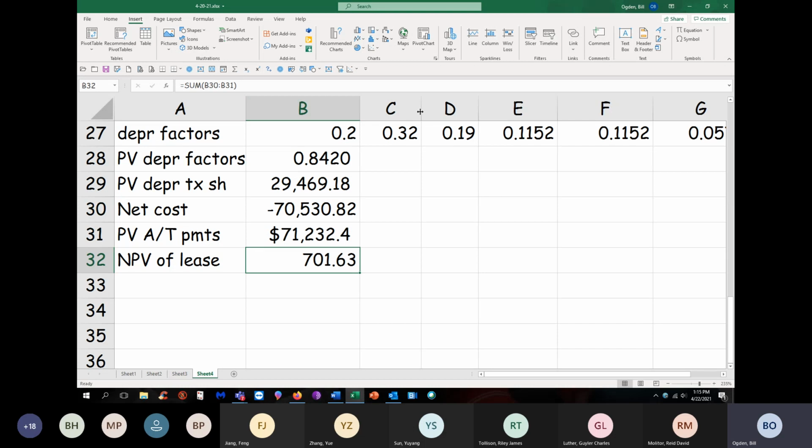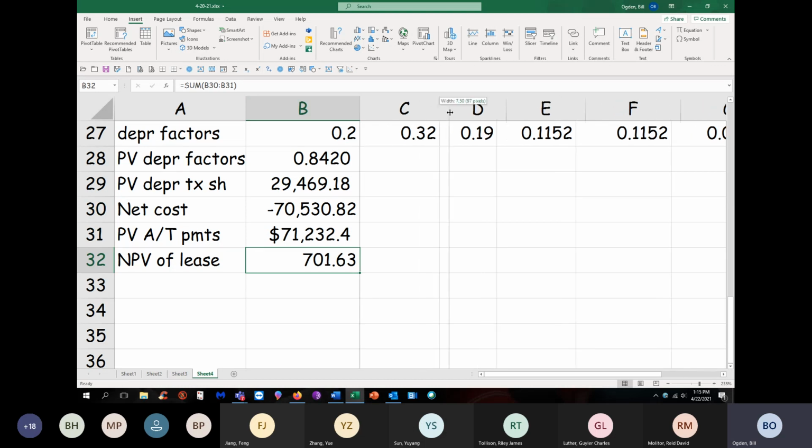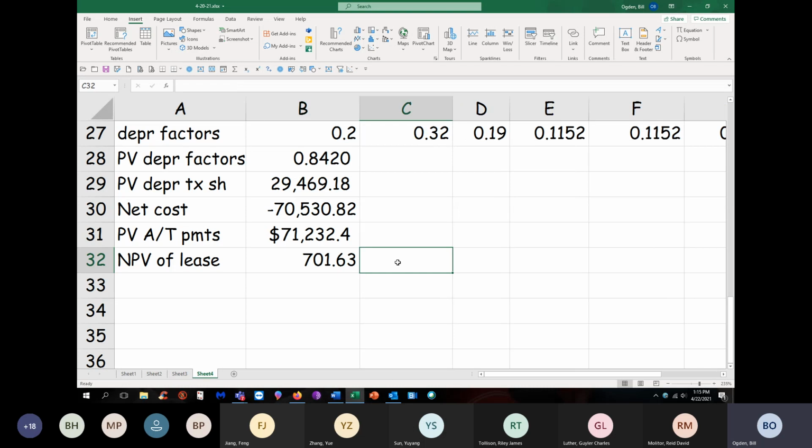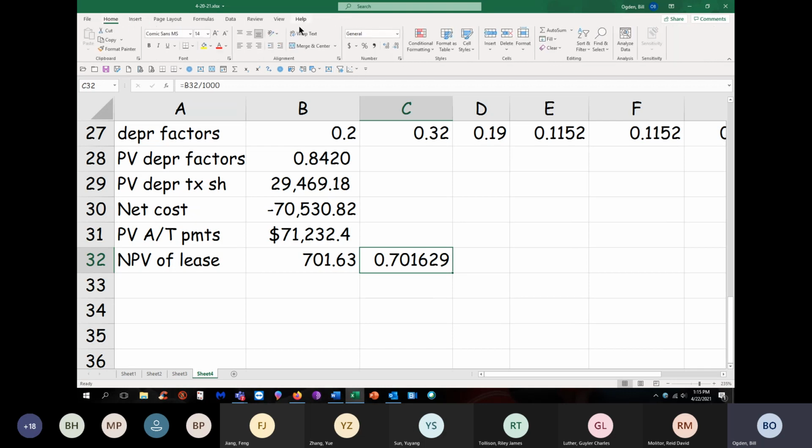Now if you're reading your text very carefully, it completed the same analysis only in thousands. So the answer you'll find in your text will be this. It doesn't give you that many decimals, that's for sure. They say 0.70. That's the answer in your text, all right?